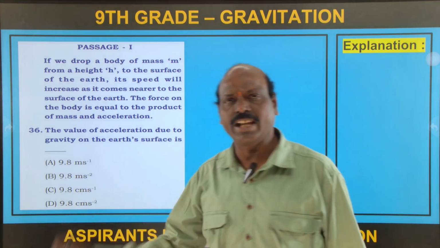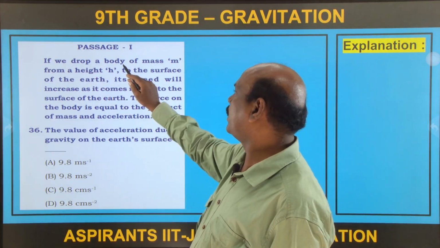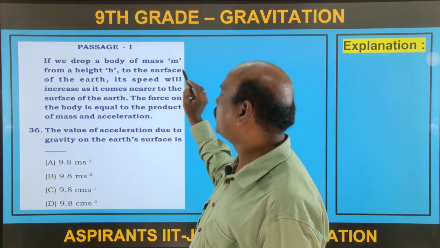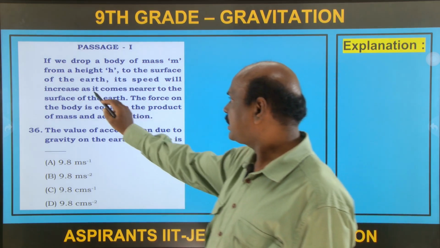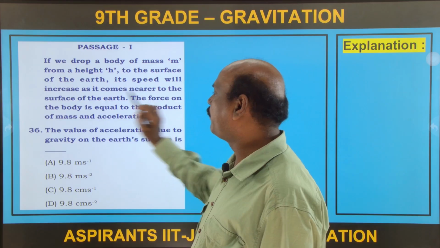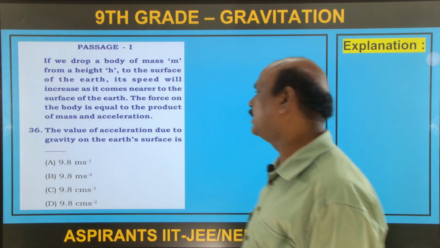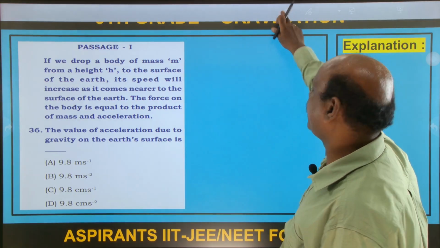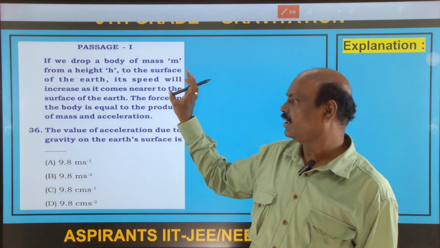So next, passage type questions. If we drop a body of mass m from a height h to the surface of the earth, its speed will increase. As it comes nearer to the surface of the earth, the force on the body is equal to the product of mass and acceleration. So this is the given passage, and based on this passage they give some questions.